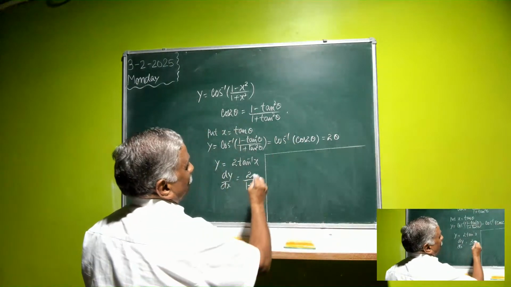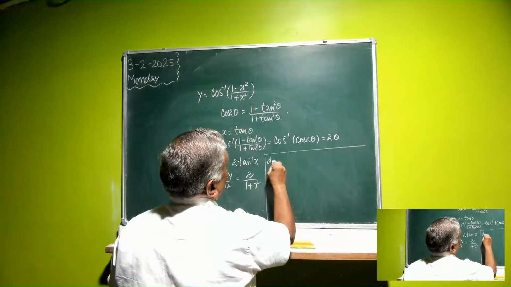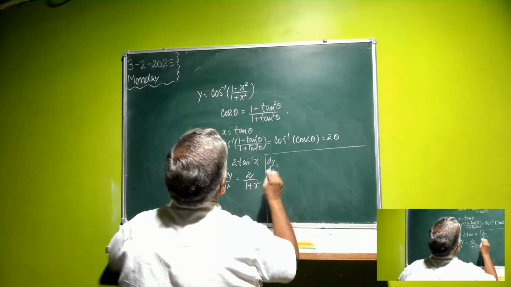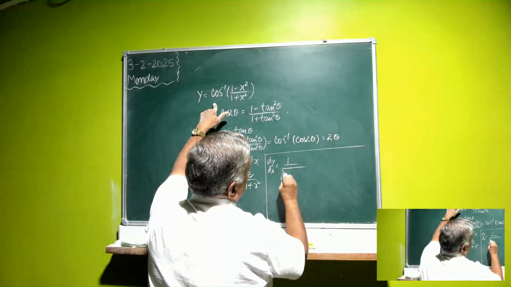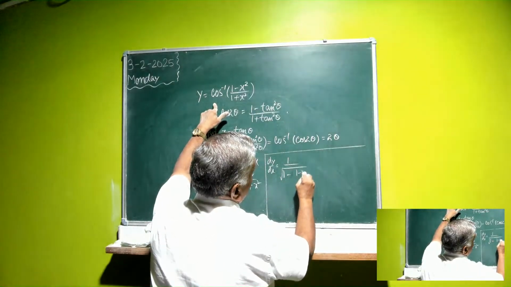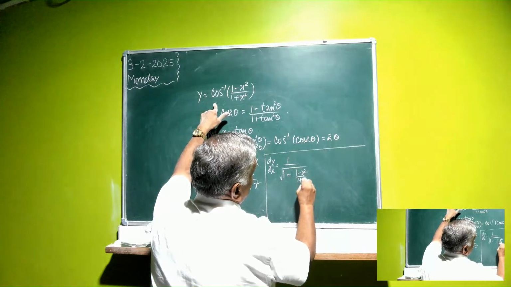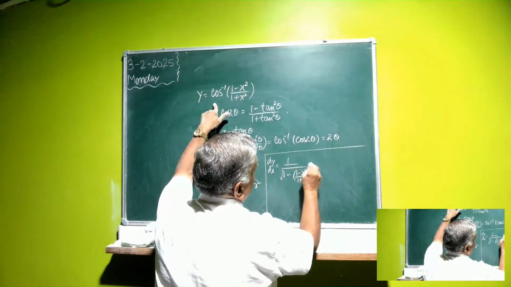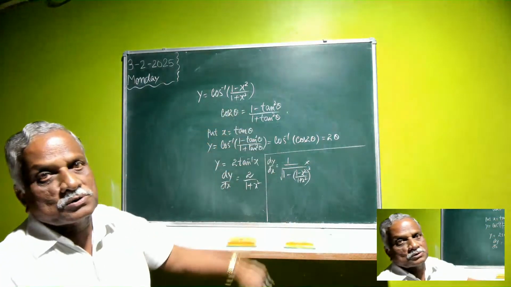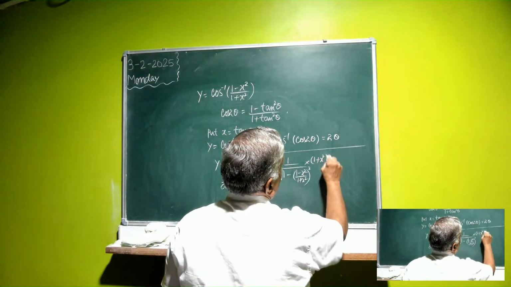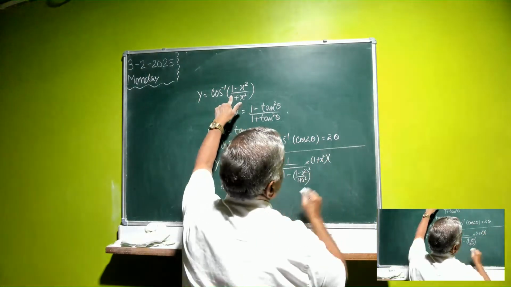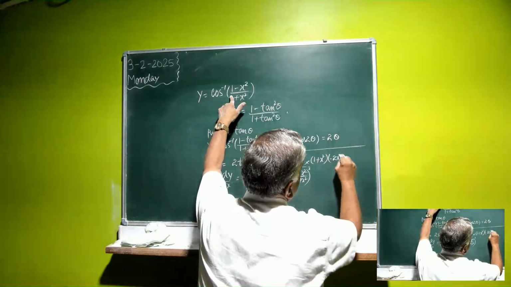How? So dy by dx equals, this is cos inverse, so 1 over root of 1 minus 1 minus x square over 1 plus x square whole square. Now you need to use the quotient rule for this. Keep the denominator 1 plus x square, differentiate numerator: 1 gives 0, x square gives minus 2x.